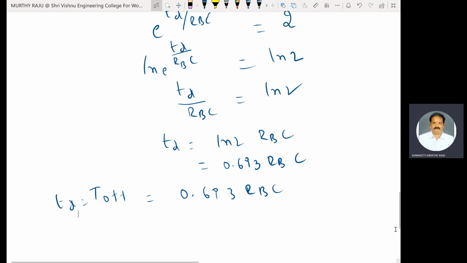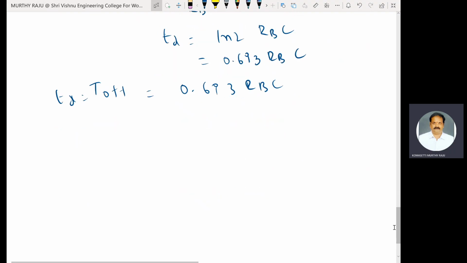In that waveform, a symmetrical waveform is not generated because the time constants are different here. This one is T on, this one is T off.